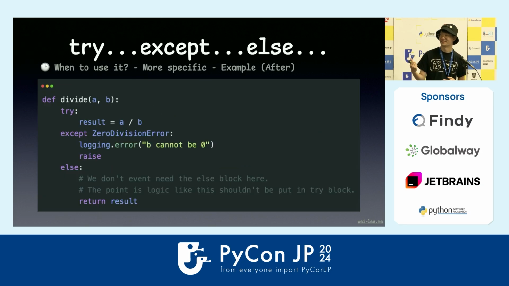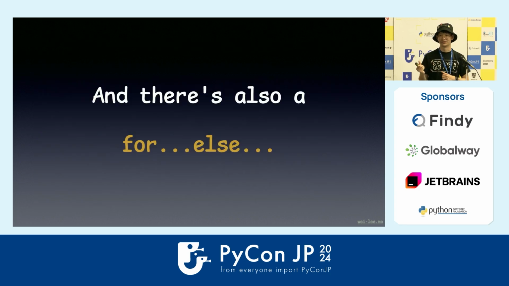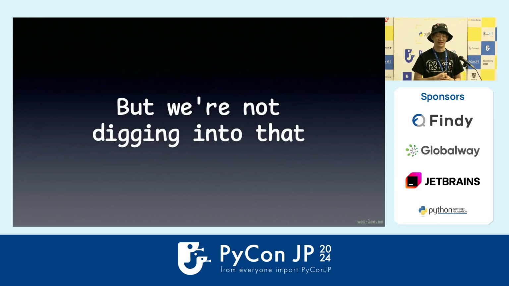In this example, you probably don't even need the else block because you can just return it. But this is just an example of how you can move irrelevant code into the else block. And there's also a for else, but I'm not going to dig into that yet.